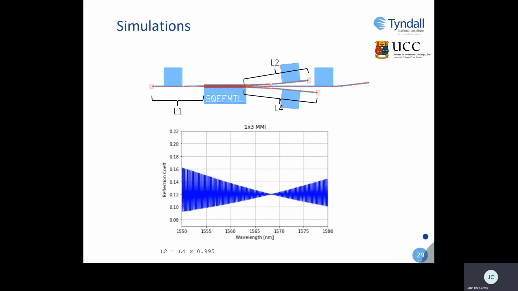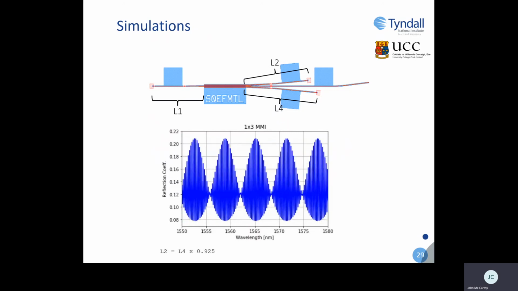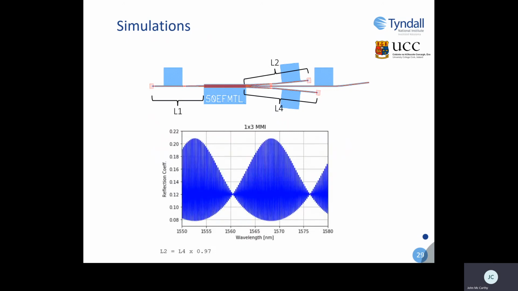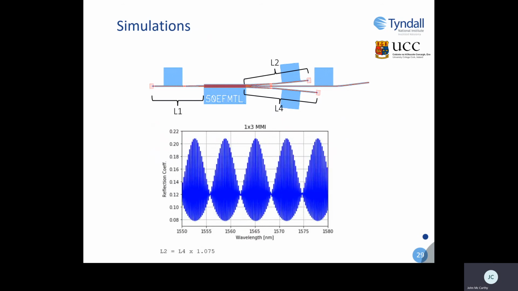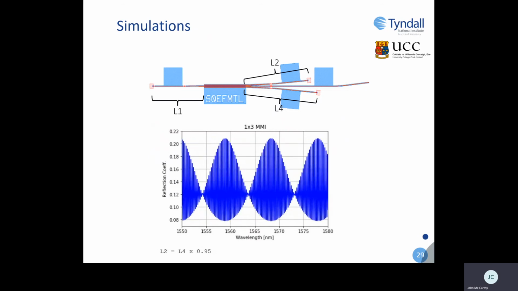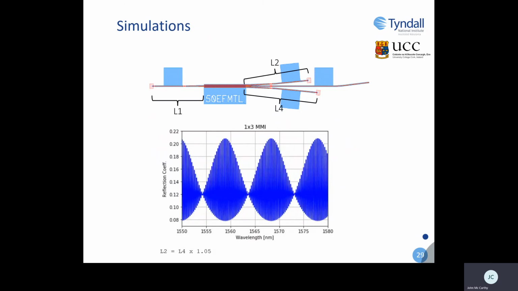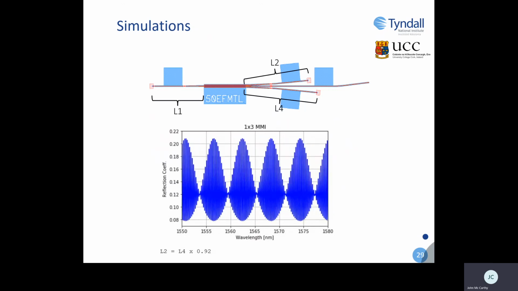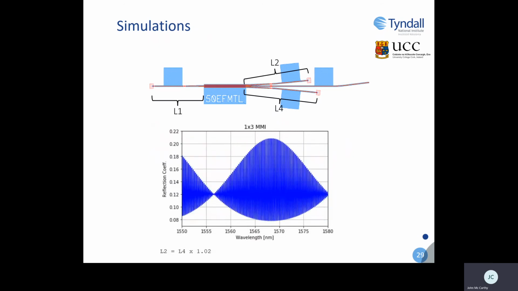So what's different this time with the reflection profile is we found by just varying one of the arms, arm 2 or arm 4, we can change both the position of the larger modes and these smaller modes within. Whereas in the 2x2, we'd have to vary one arm to change the position of the larger modes and vary the other arm to change the position of the smaller modes.